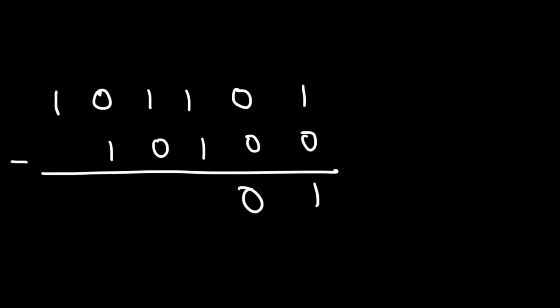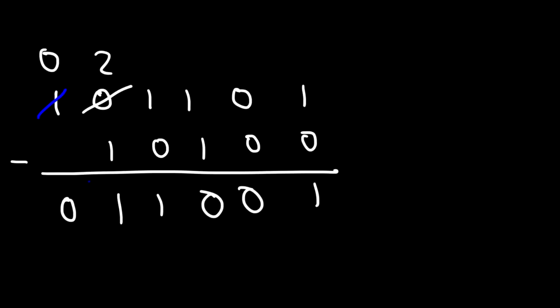And then we have 1 minus 1, which is 0. And then 1 minus 0 is 1. Now we can't do 0 minus 1. So we're going to borrow a 1, making this a 0. And then this becomes a 2. 2 minus 1 is 1. 0 minus nothing is 0.